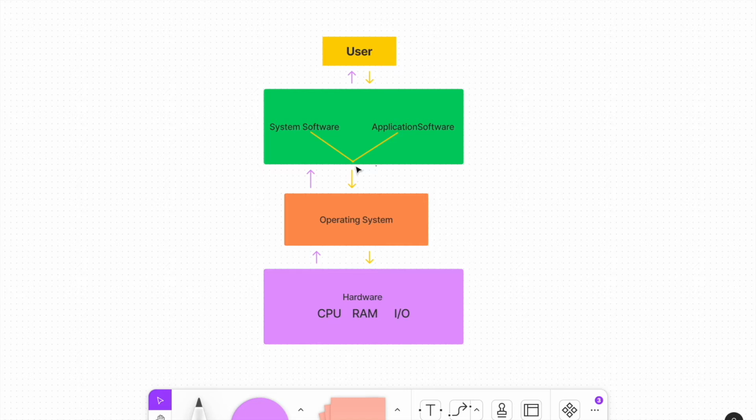So how does it work? Suppose you open MS Excel. Let's take an example of MS Excel or MS Paint. You give the command to the operating system, and then the operating system checks how many cycles of processor are needed for that particular application to run, and also checks whether that is free or not.